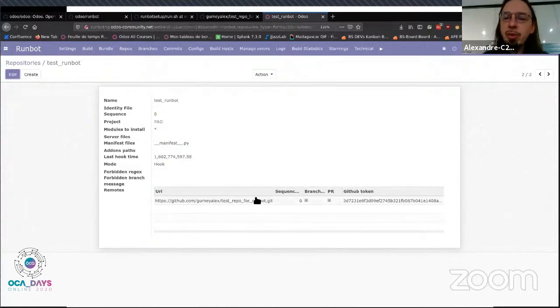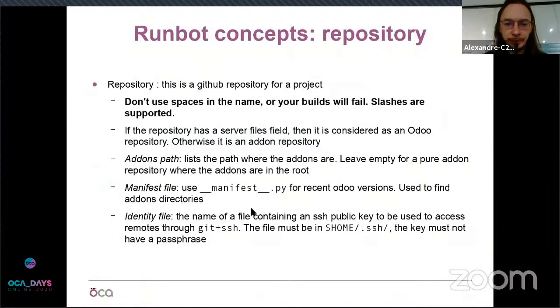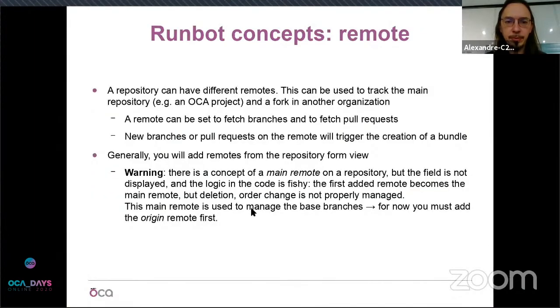You can have several remotes here, but you have to be a little bit careful because there's a concept which is not displayed anywhere, but which is really important. It's the main remote on a repository. The first time you add a remote on a repository, it becomes the main remote.